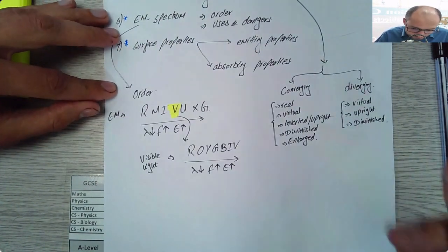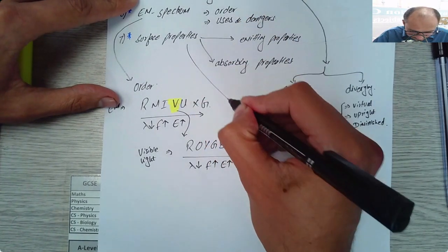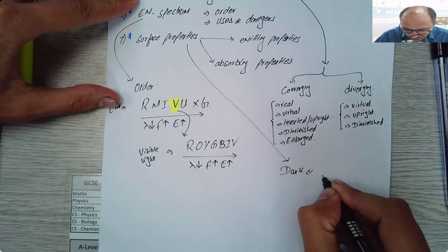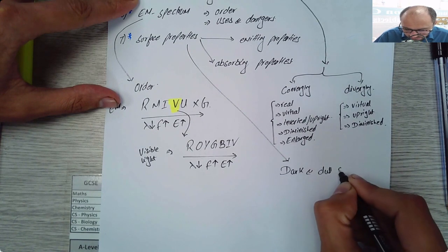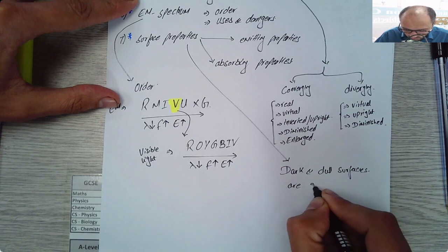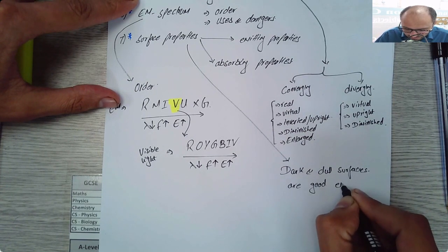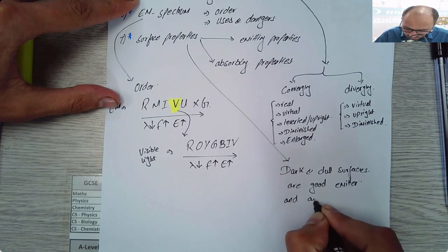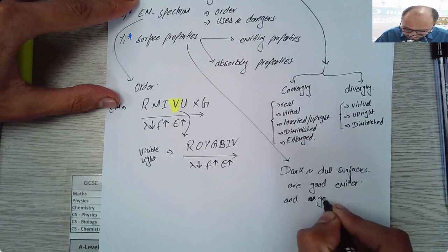When it comes to the surface properties, you need to remember you've got dark and dull surfaces are good emitters and good absorbers.